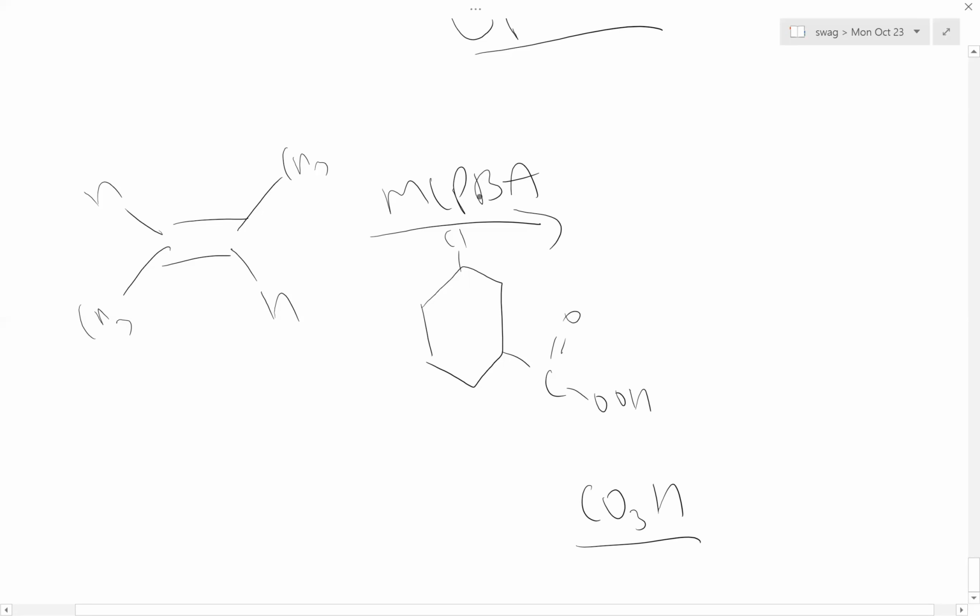But if she wanted to test you, she could show you a benzene with CO3H. You have to be able to recognize that this is another way to write MCPBA, just an abbreviation of metachloroperoxybenzoic acid.